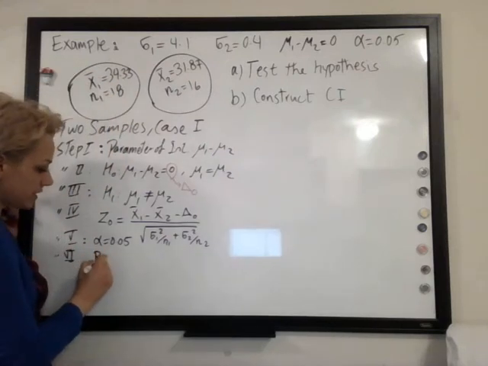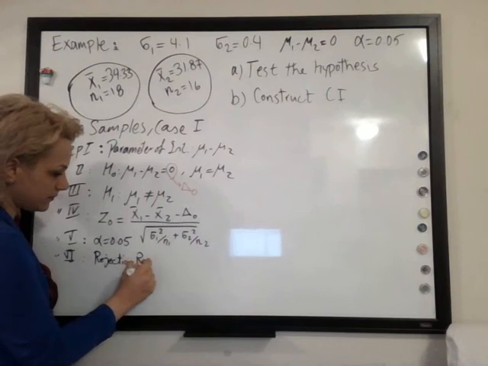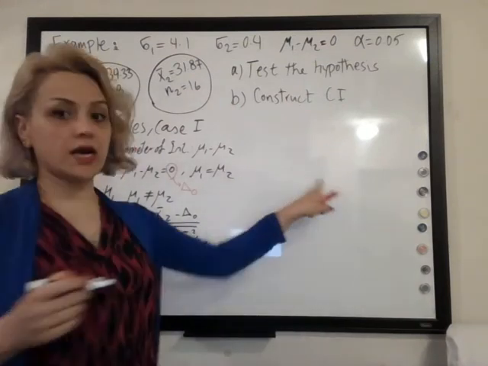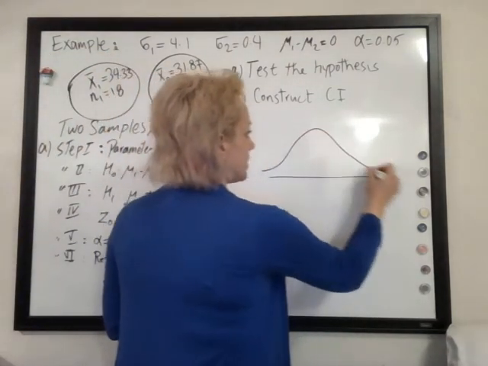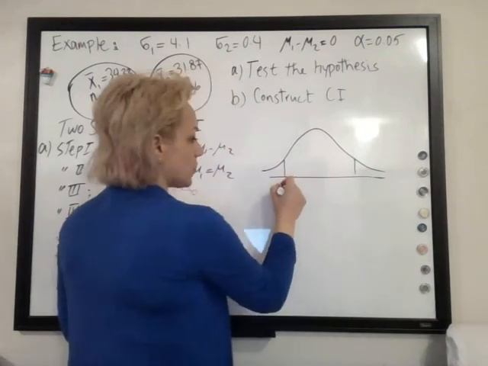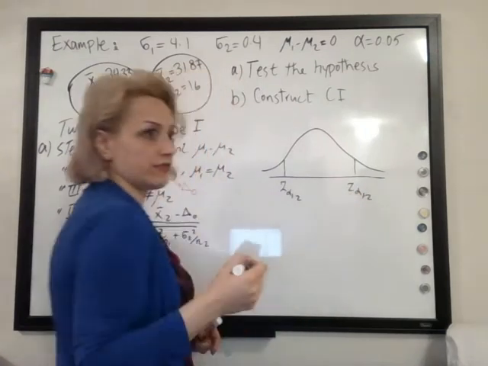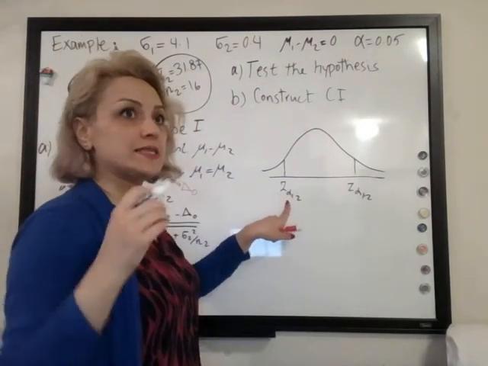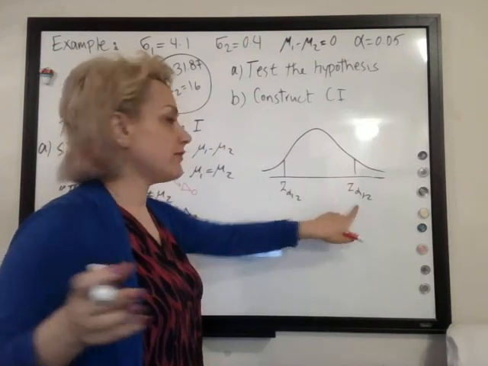For the rejection region, as a side note, I'm going to write it down here and then erase it. We have the 95%, so we have z at half of alpha, because we said 95% confidence interval, so 5%: z at 0.025 and z at 0.025.